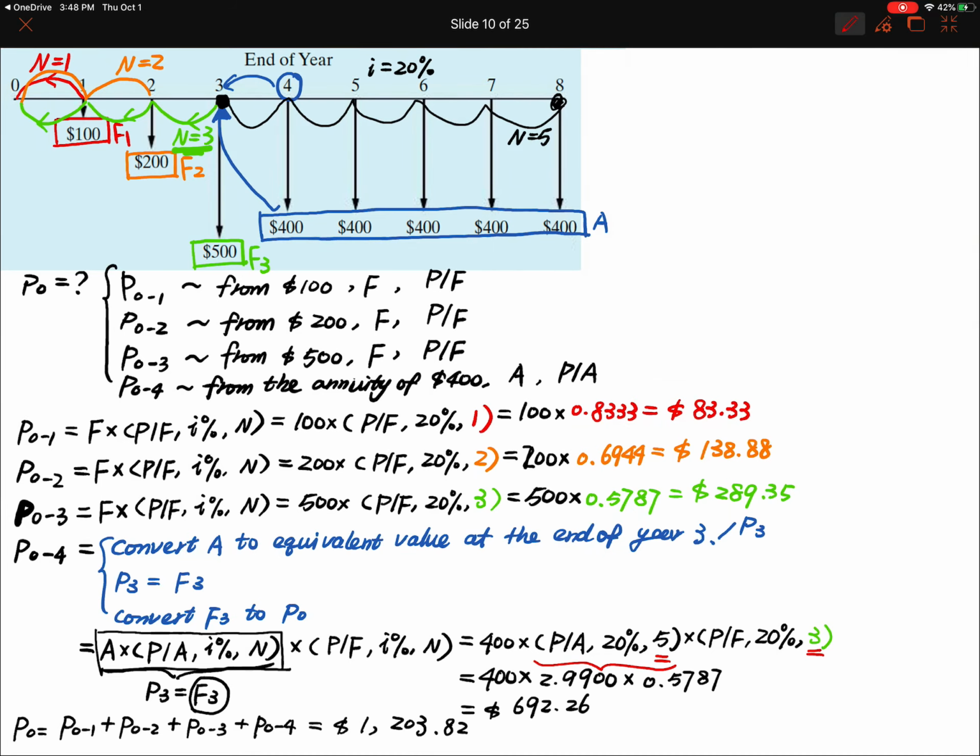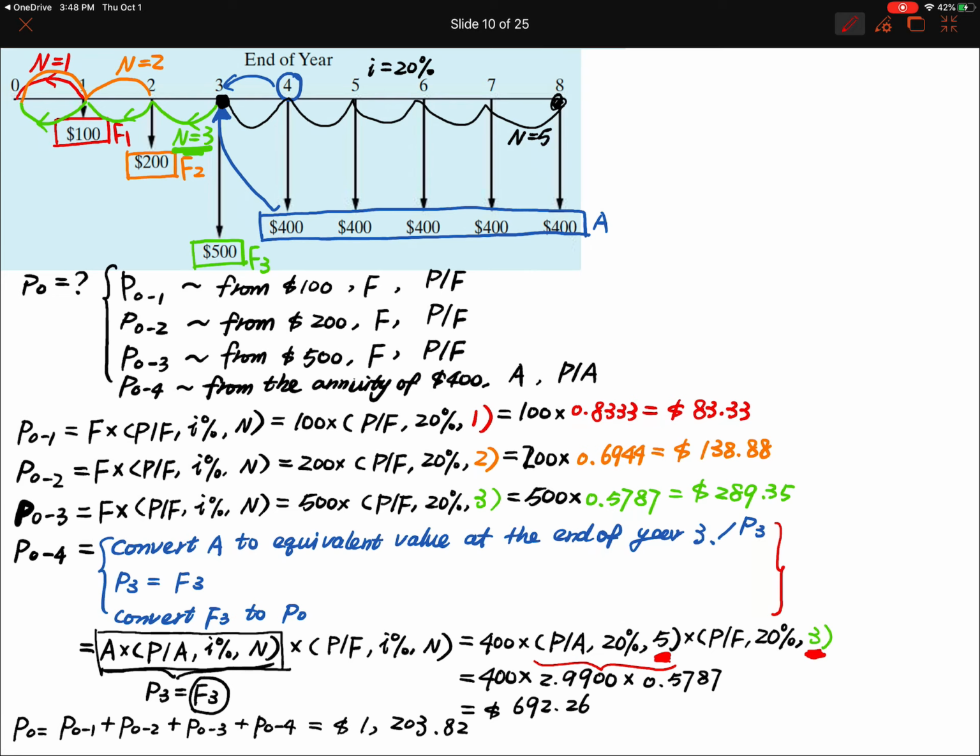Okay? So the tricky part for this problem is this process. And how do you find out this n, and how do you find out this n? So if you don't understand this, rewatch the video.